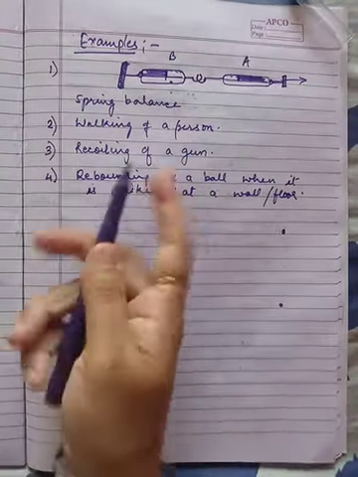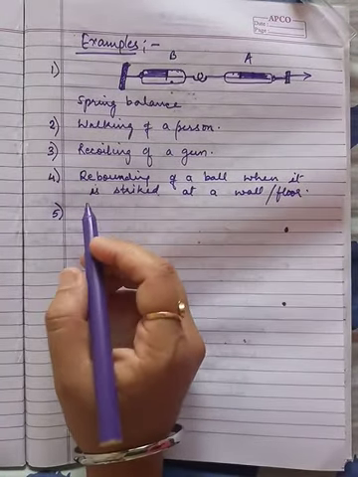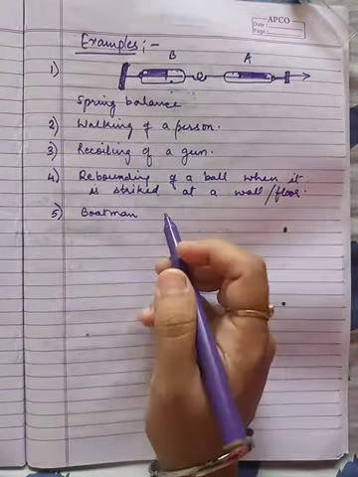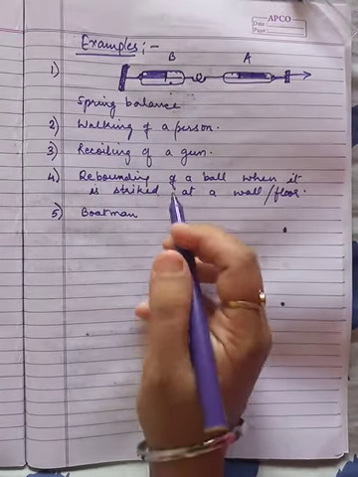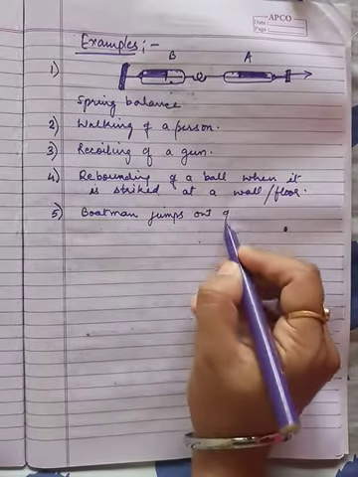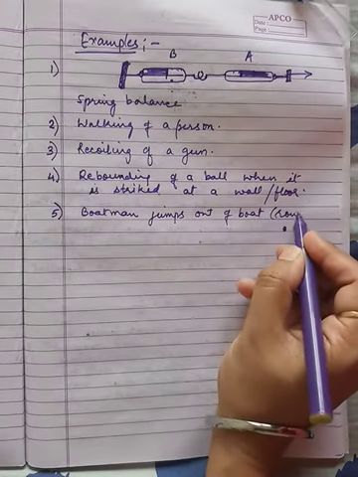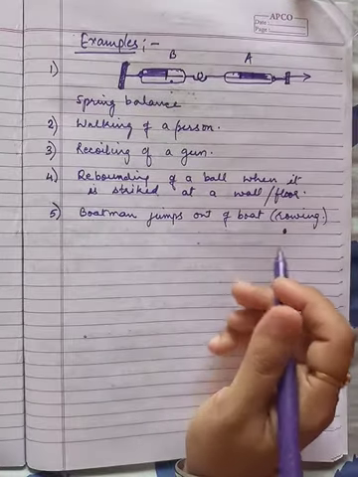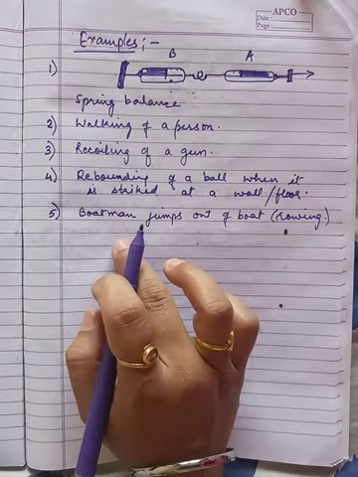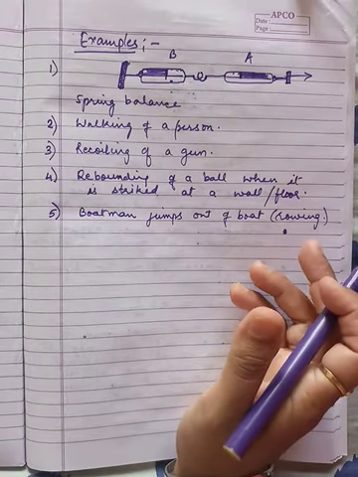For example, one more example I remember, that is when a boatman or a sailor, you can say, jumps out of a boat, which is a rowing boat, what happens? The boat will go backward when the sailor is jumping out, because of the equal and opposite forces.